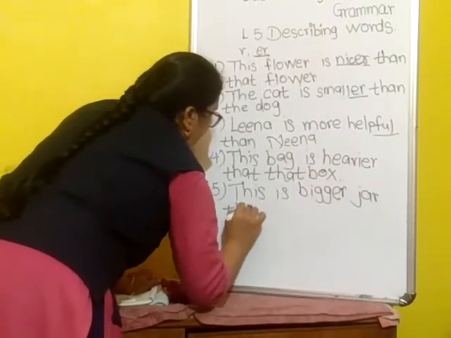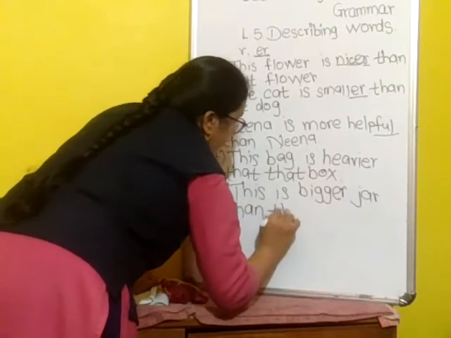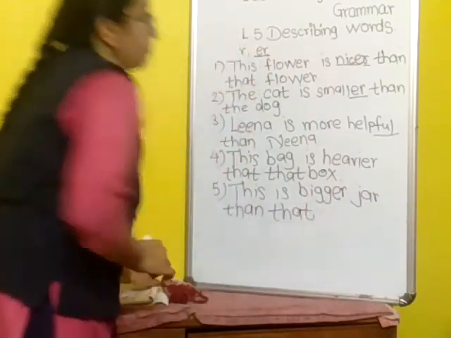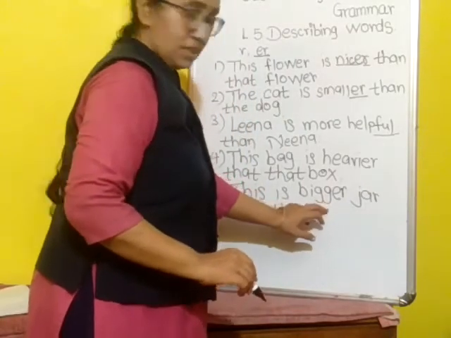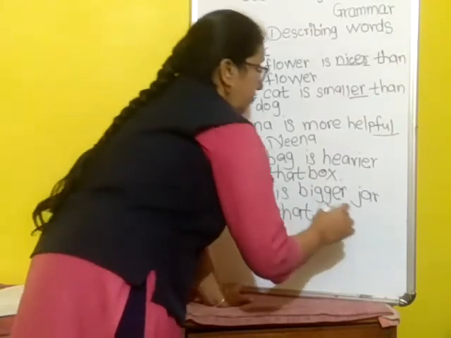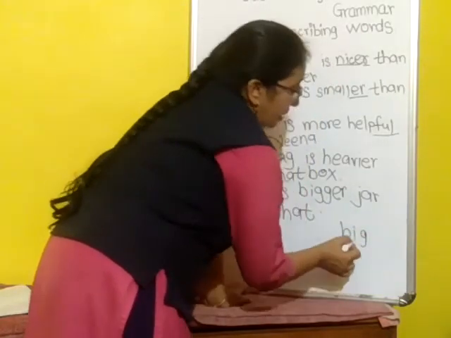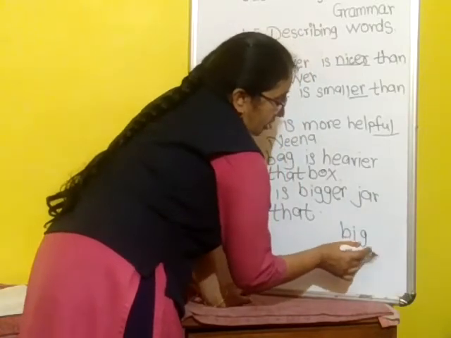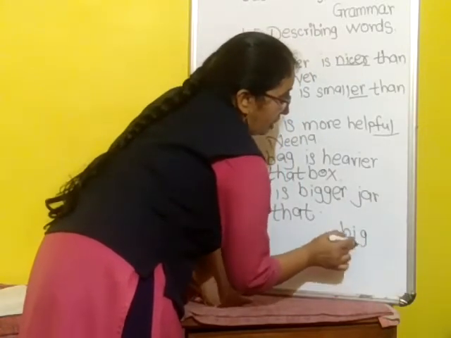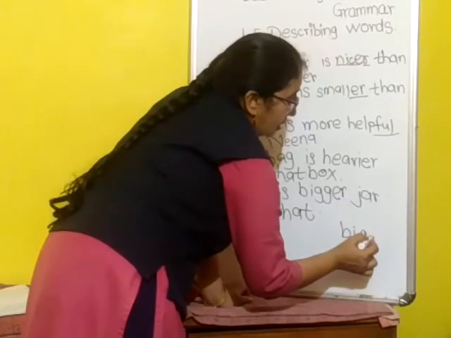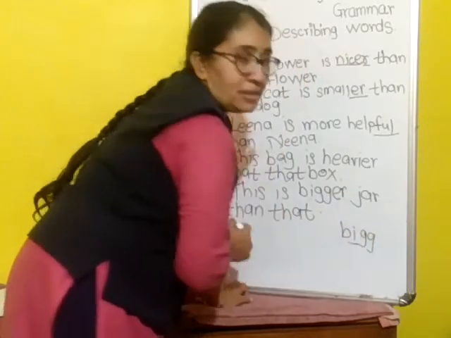What do we add here? The g. See children, when the word ends with a letter and before that there is a vowel, we should double the last letter.